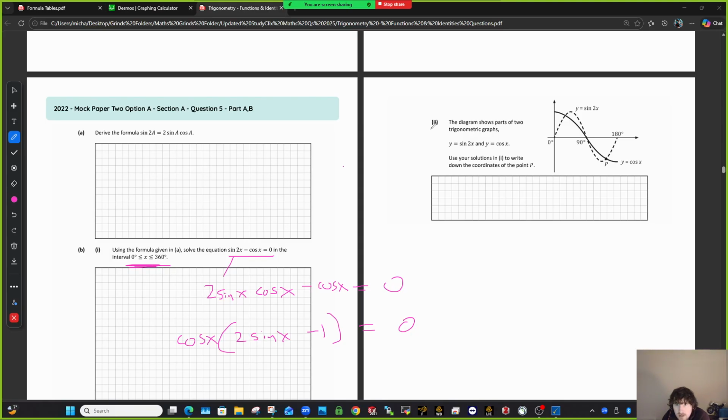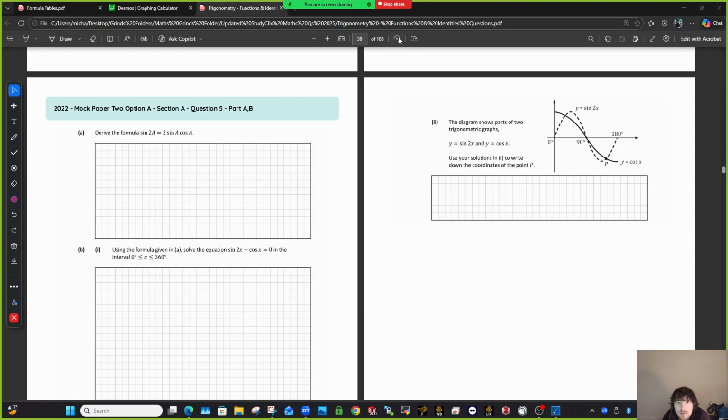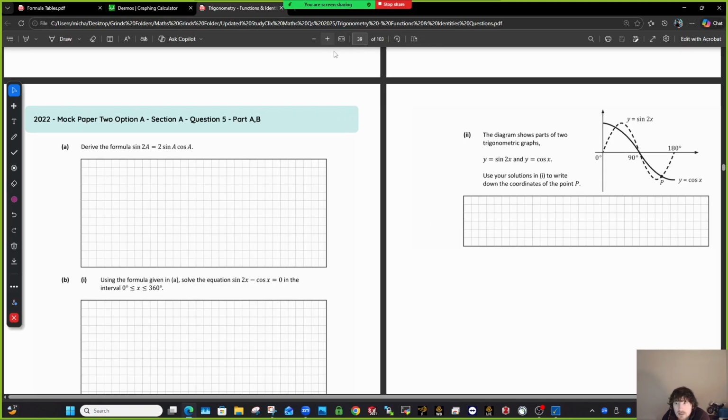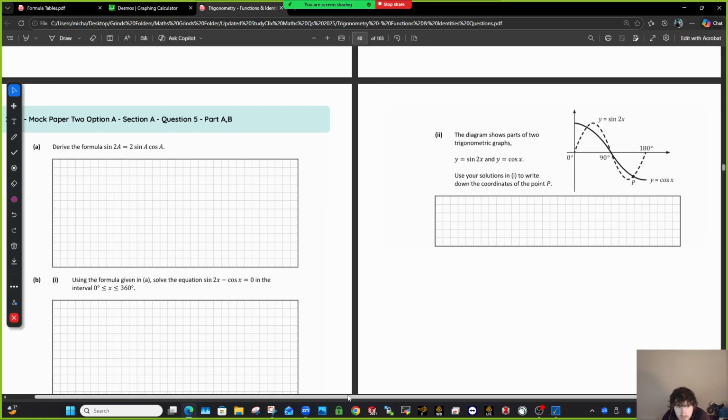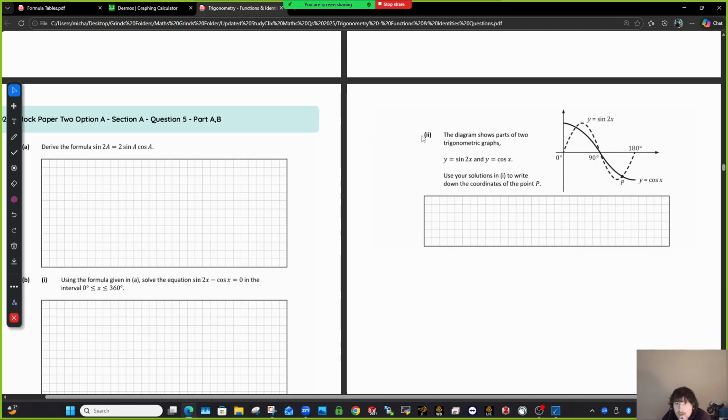Right, there's a part 2 to it up here, so I might have a go at that because that looks interesting. Let's see what I'll do here. I try and keep them both in screen. The diagram shows parts of 2 trig functions. Yeah, there's your sine 2x, and there's the cos x shown between 0 and 180.